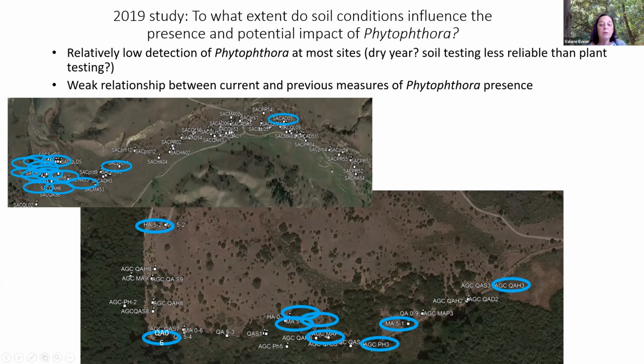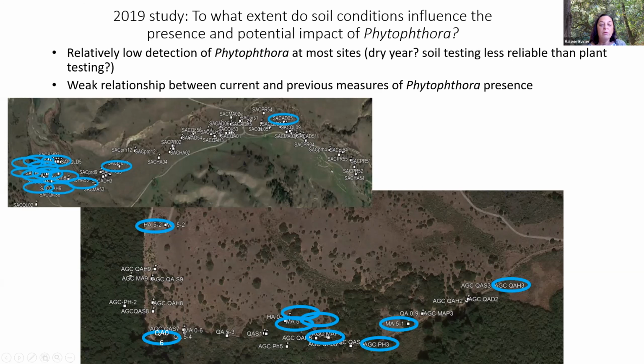There's lower soil organic matter deep in the soil, same as at our wetter site. But then what we also saw, not surprisingly, is areas with higher soil moisture, higher soil compaction, which can prevent water from draining, and higher salinity had more Phytophthora.